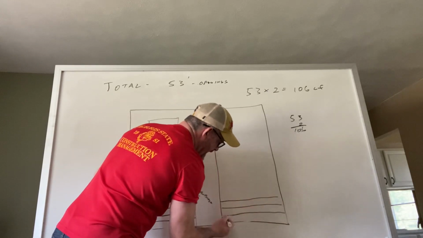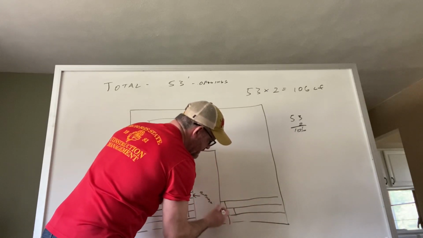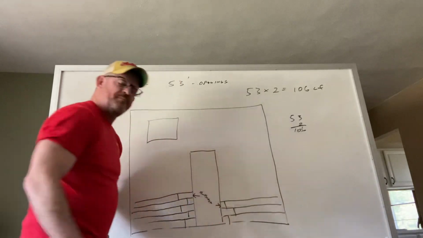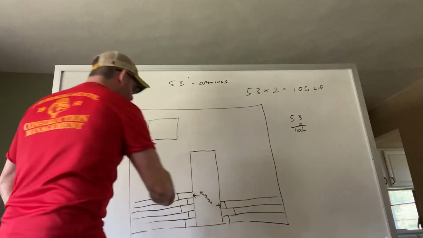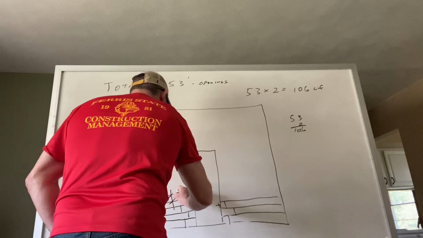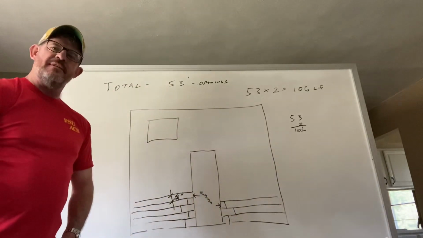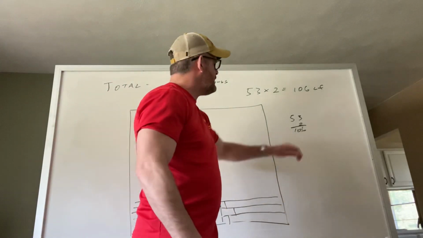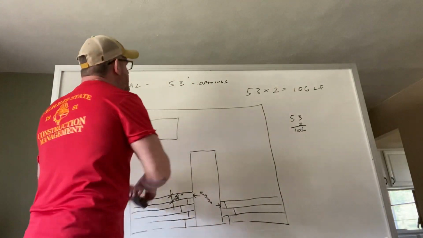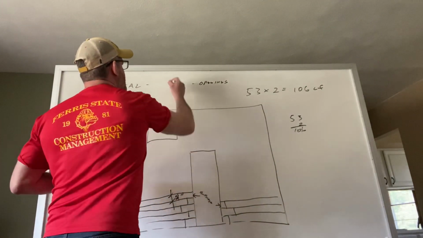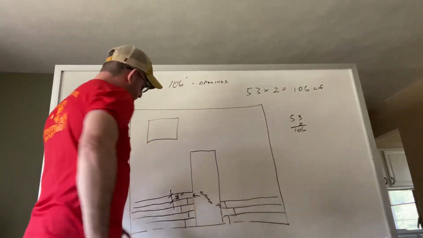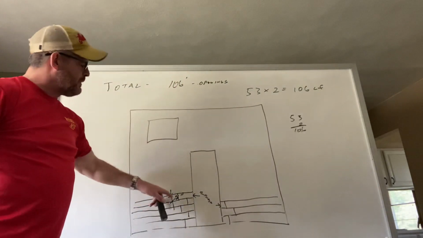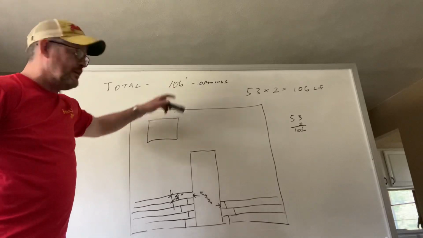My bullnose block is that softened edge right there. What am I going to do? I'm going to divide by the height of that block. The height of that block, we know, is 8 inches. So if I have a total of 106 lineal feet of opening space, I'm going to divide 8 inches per block into 106 lineal feet.